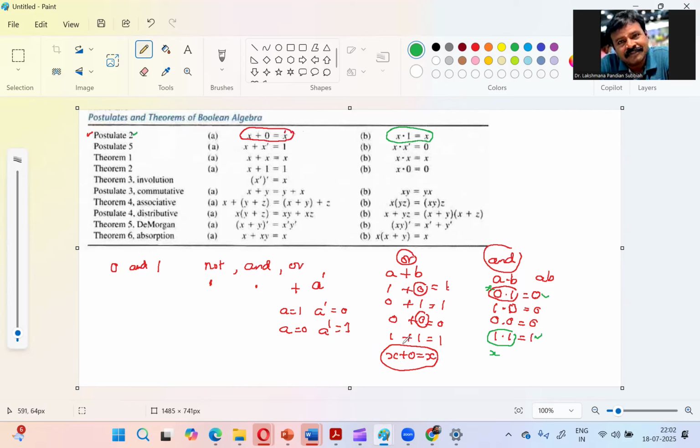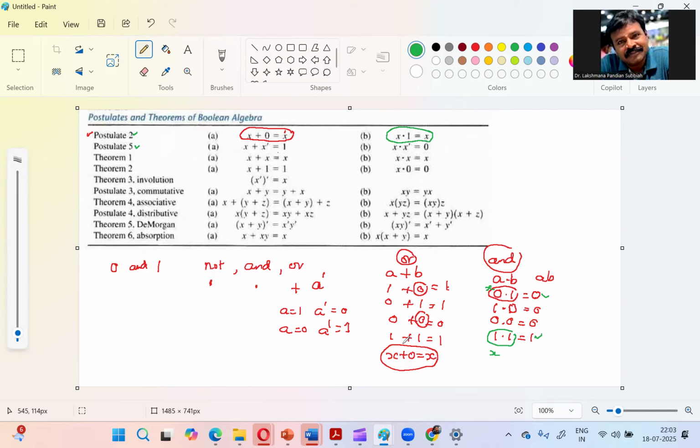So the AND operation with 1 gives the corresponding value, and the OR operation with 0 gives the result depending on the other value.